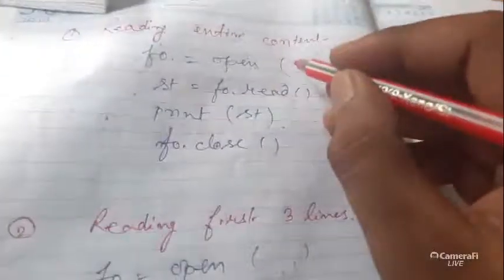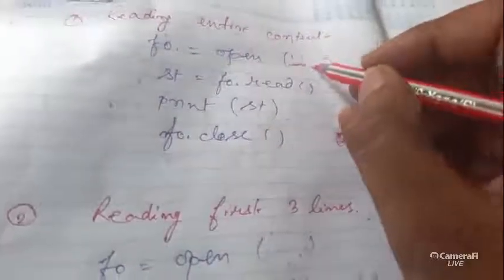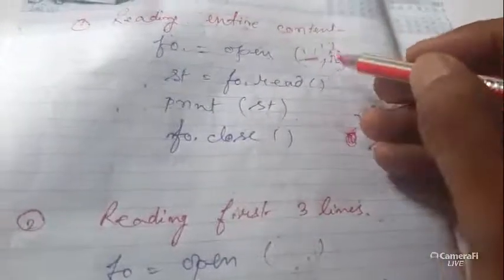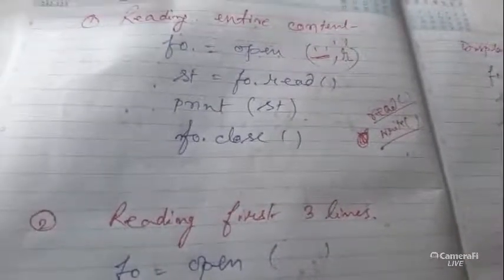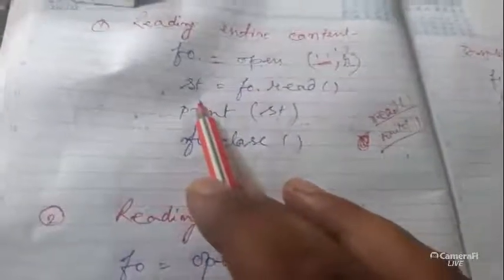So fo equals open, then within brackets we take the file name, and then you can either mention R mode, or by default it is R mode. R mode means reading mode. After this, next we have to fetch the content of the file: st equals fo dot read.